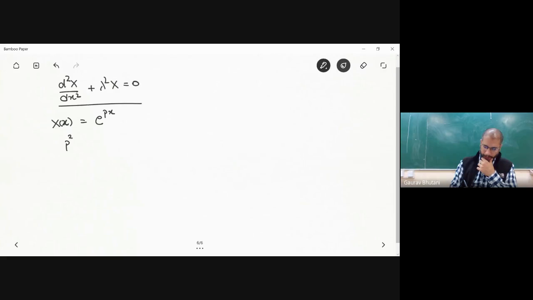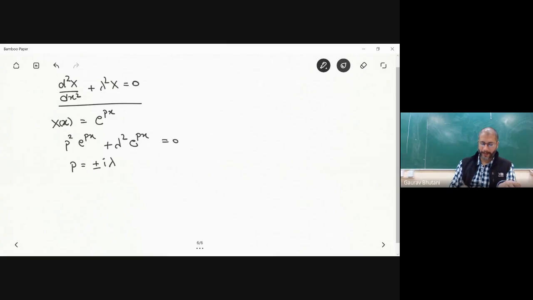When I substitute this in the equation, what I get is p squared times e to the power of px plus lambda squared e to the power of px equals 0. So we have this characteristic equation, p squared plus lambda squared equal to 0. So p is equal to plus minus i lambda.